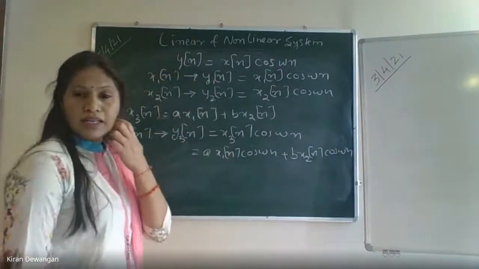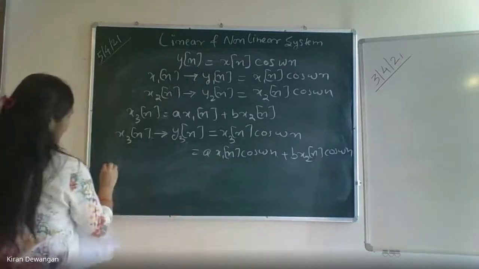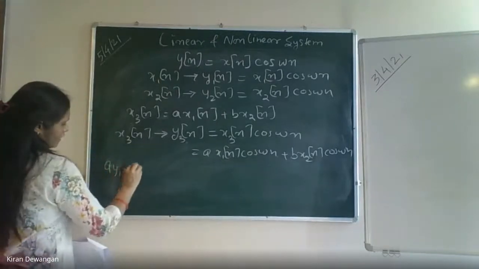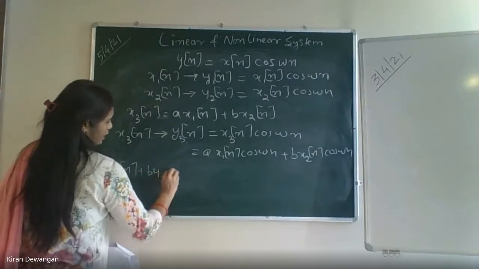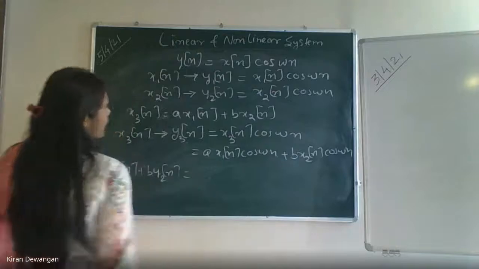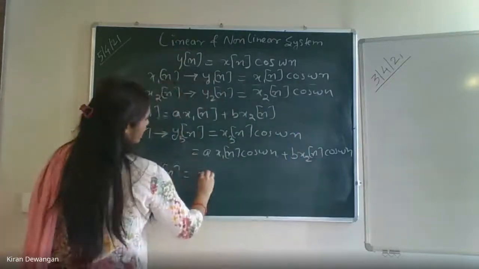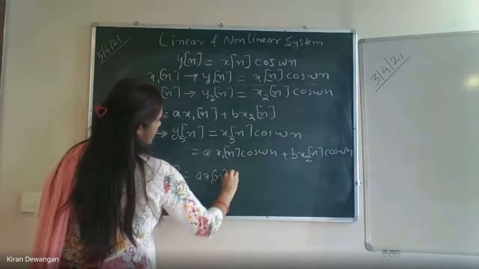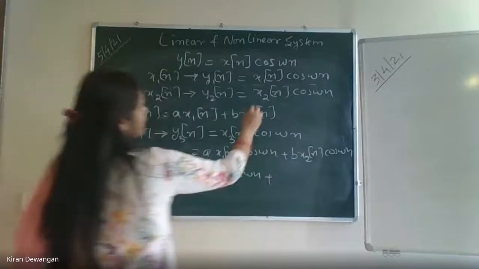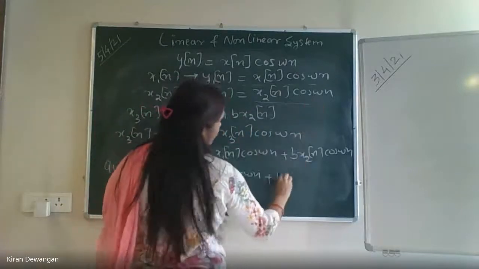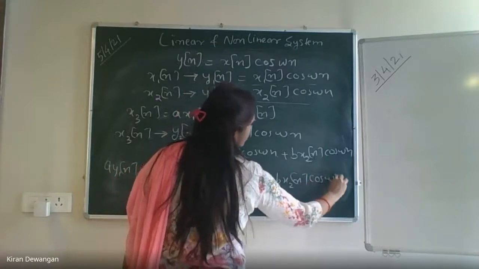It's coming linear. Okay, let me check. Then a y1n plus b y2n. a gets multiplied to this term, a x1n cos omega n, plus b gets multiplied to this term, b x2n cos omega n.